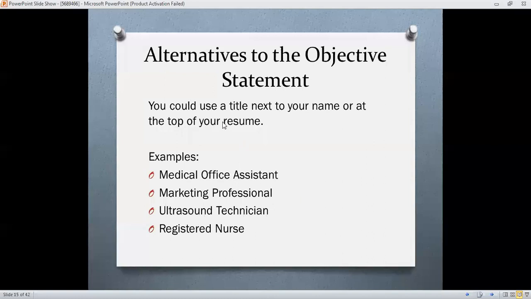So you can mention your job title next to your name, what position you want to get, or what position you are doing.